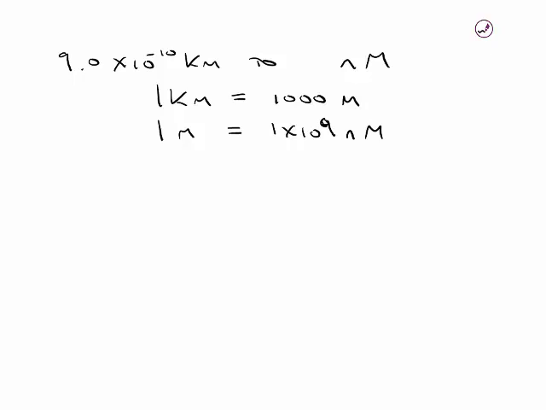So I now have my two equivalent statements, and I can generate a total of 4 different conversion factors from them. 1 kilometer over 1,000 meters, or 1,000 meters over 1 kilometer.